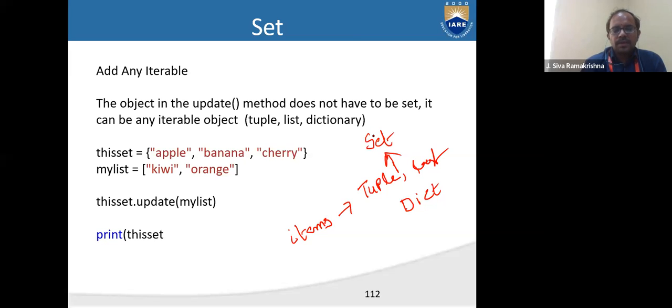This is another important property of a set. Which means you can combine set elements with any iterable data type items. Understand? So let us say this is a set. And what about this one? This is a list.